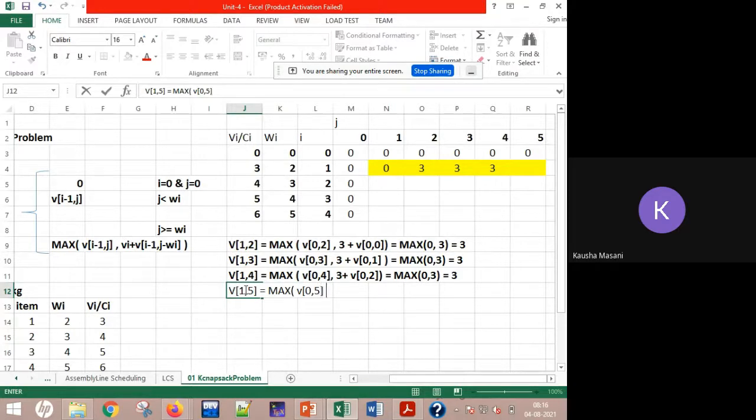Then 3 plus, just V of 3. V of what? What should I take here? Which cell value? 0 comma 3. Online students, did he say correctly?